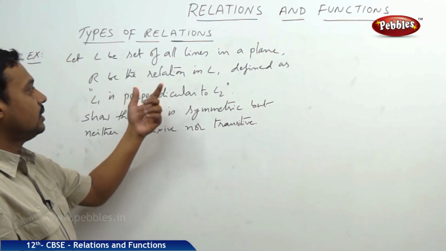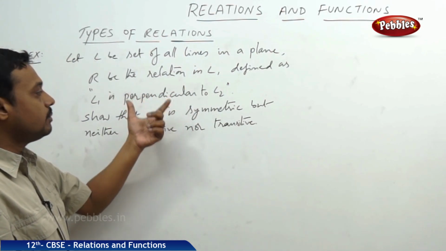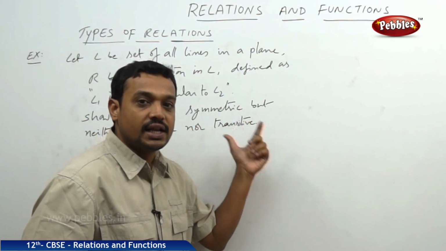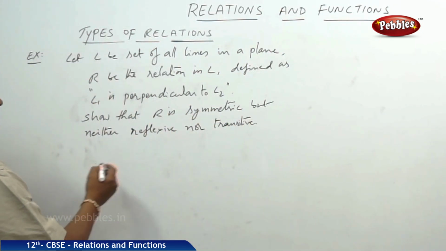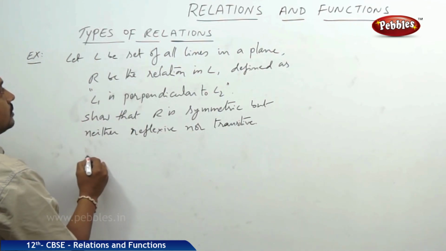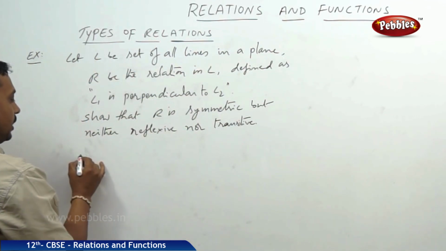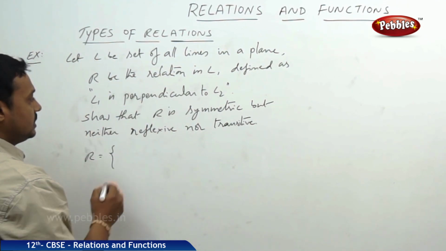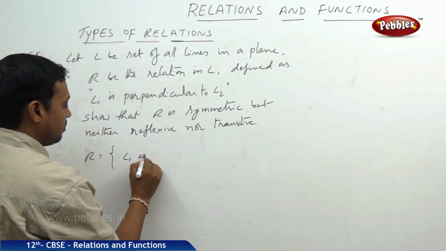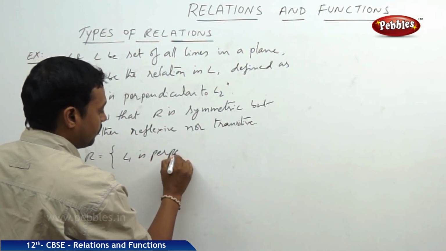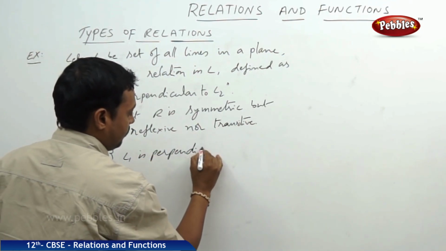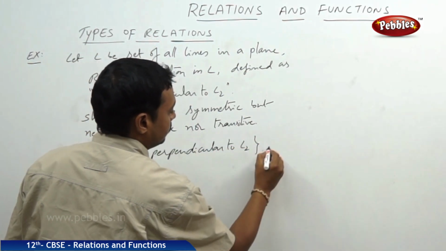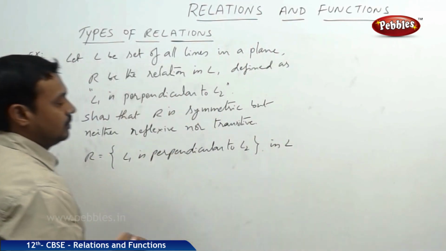So, prove that this relation is symmetric but not reflexive and not transitive. Given that L is the set of all lines, and R is a relation defined on L such that L1 is perpendicular to L2.